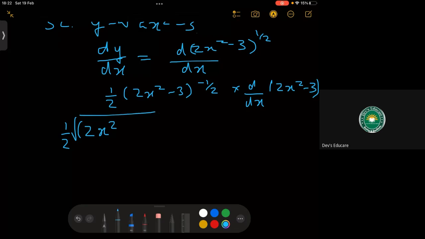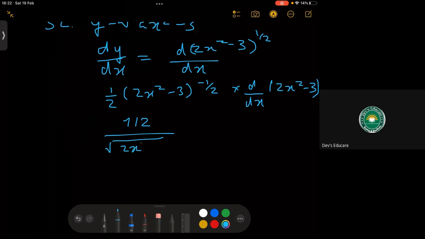No, no, no. That will be in the denominator. Negative half is there. 1 divided by 2 root (2x square minus 3). 2 will be in the denominator. Yes, yes. Into 4x.